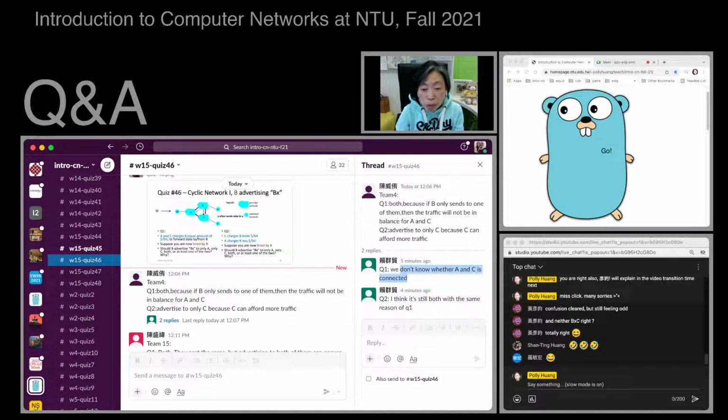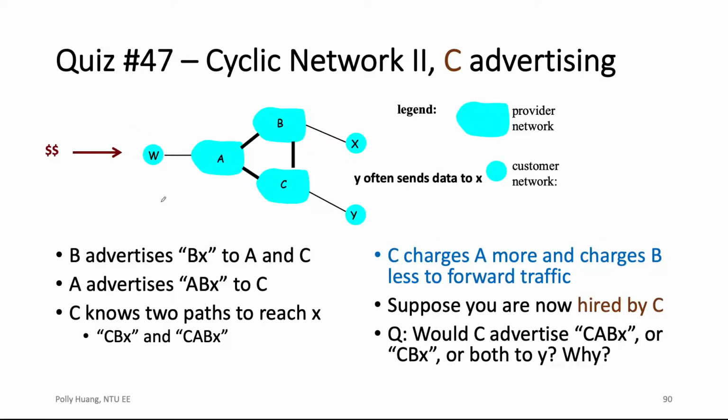And why don't we move to quiz 47? Allow me to go a little bit faster so that we could get to the final point. Quiz 47 is actually very similar to 46. Network identical. And we know already, B advertised BX to A and C both.